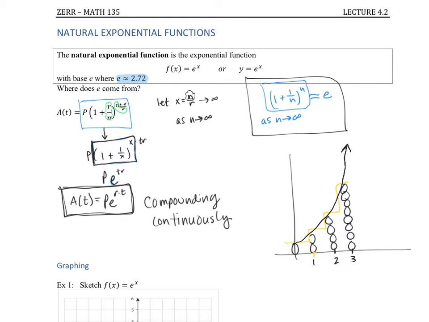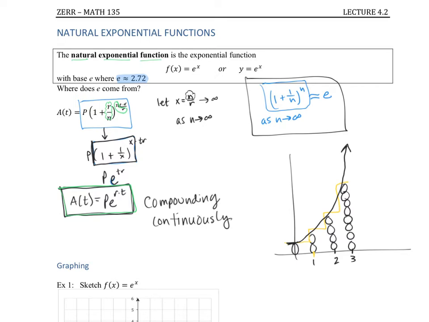If we're describing something like tree growth, it's happening at all times, day and night. So this compounding continuously is a better way of representing growth in nature. Okay, so that's why it's called the natural exponential.